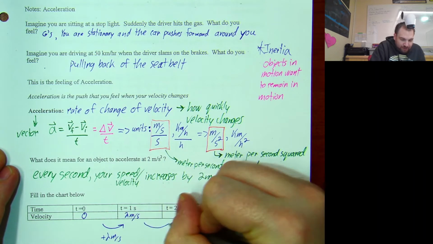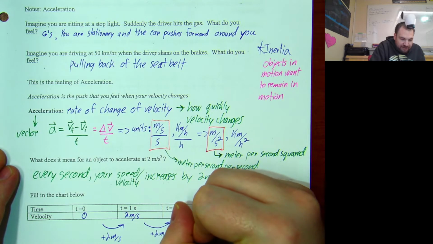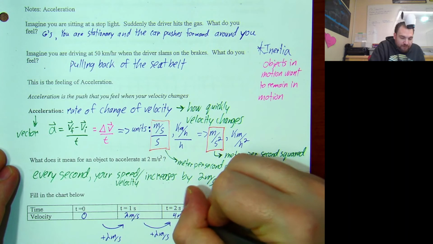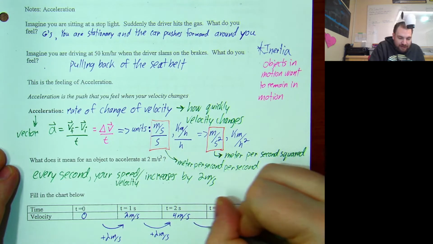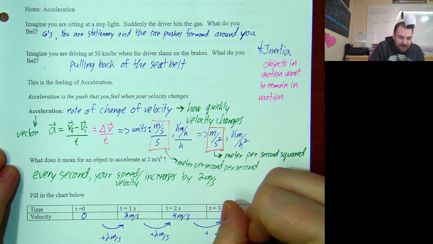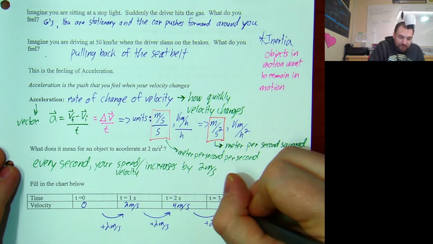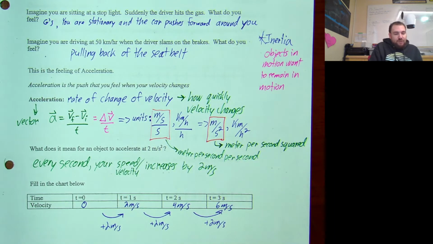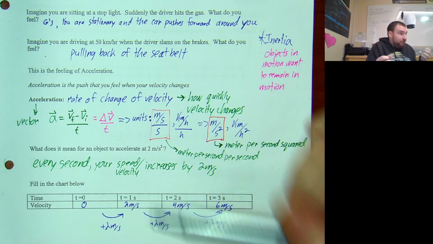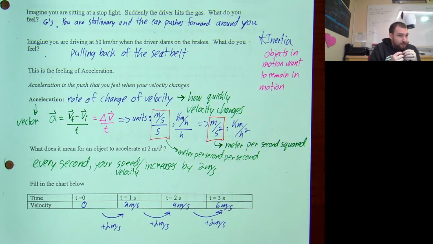And now this second, we're going to increase by 2 meters per second. Now we're going 4 meters per second. Now we're going to increase by 2 meters per second again. So now I'm going 6 meters per second. That's what a 2 meter per second squared acceleration actually means.